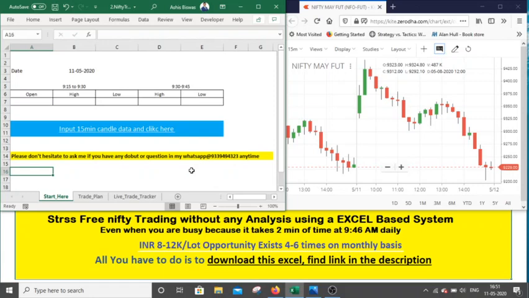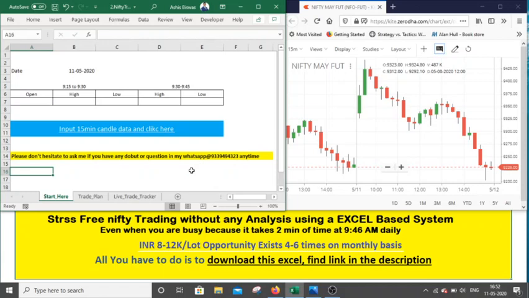I found that there are always 4 to 6 trades in a month in a range. The profit range at the current market level comes to around 8 to 12k per trade on average. Obviously not all trades give us profit.